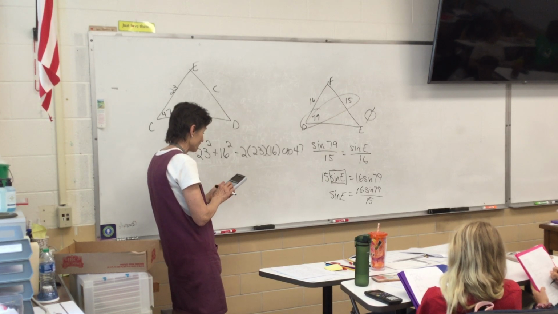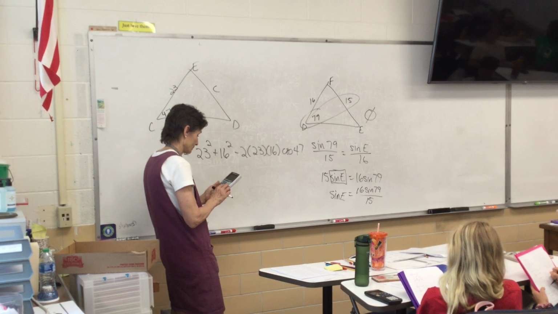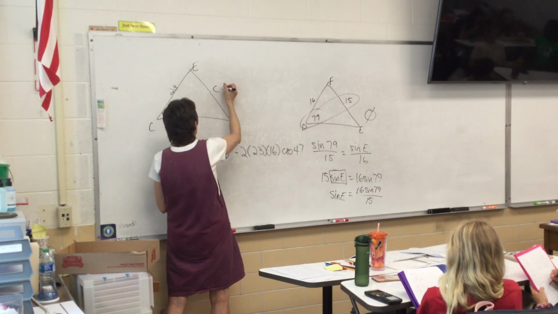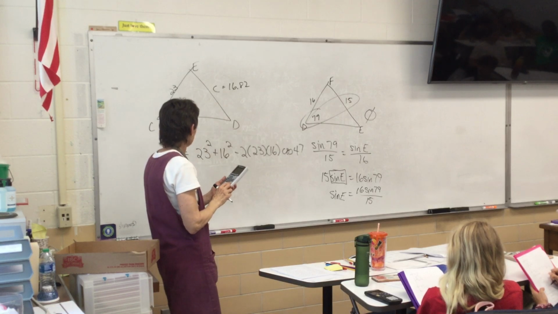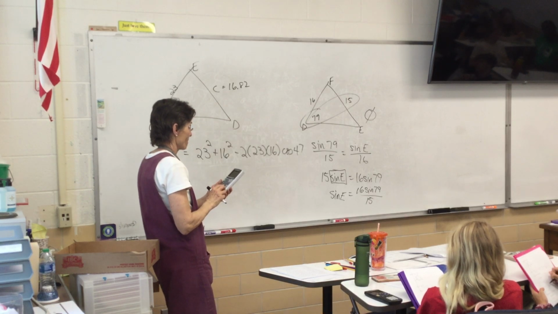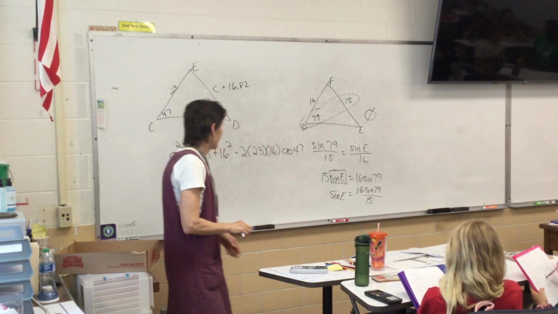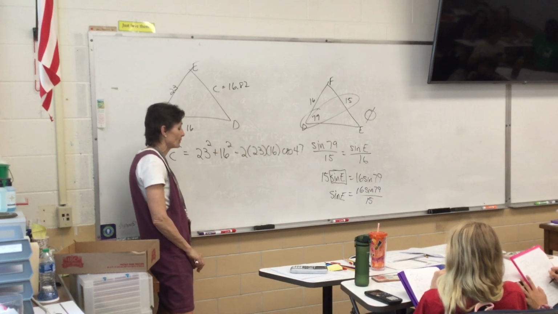I have to square root it. I got 16.82. I did that right. Remember, this is C squared, so when you type all that in, you're going to have to square root it.